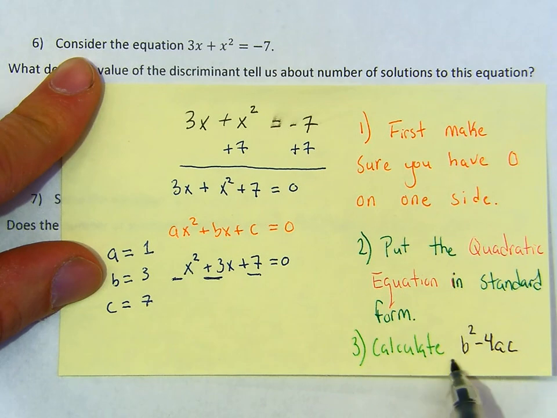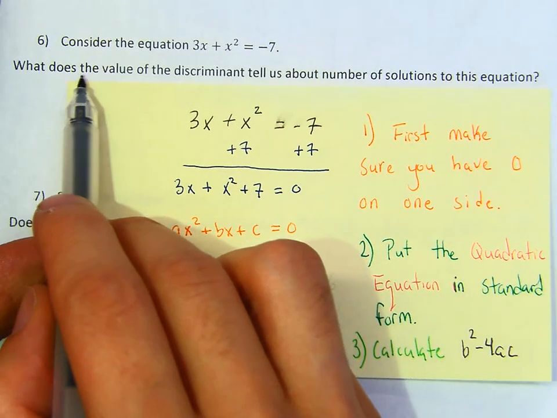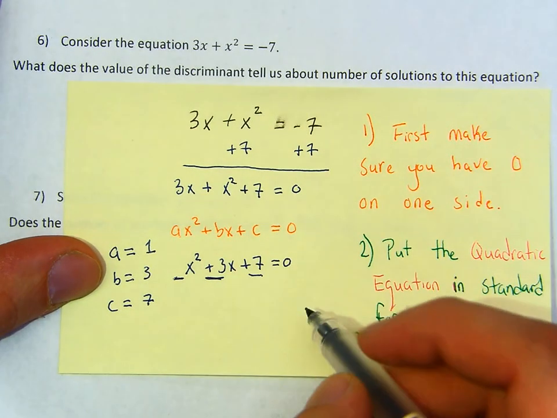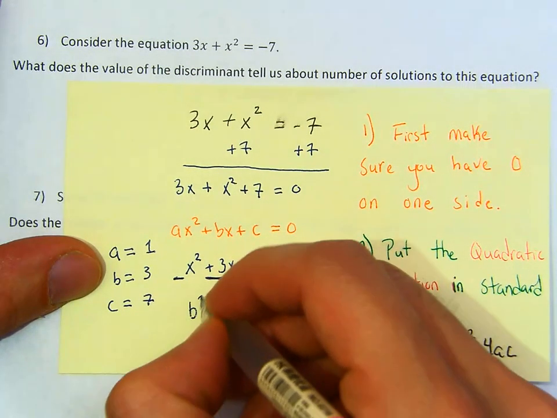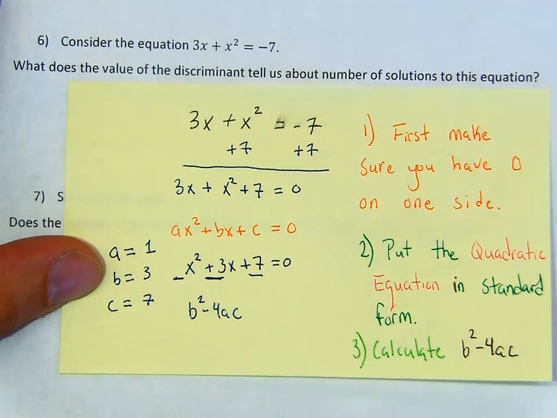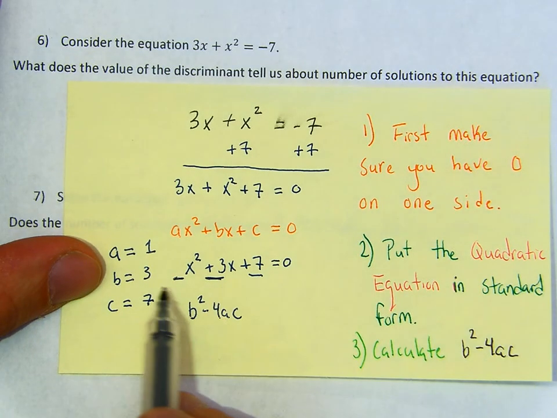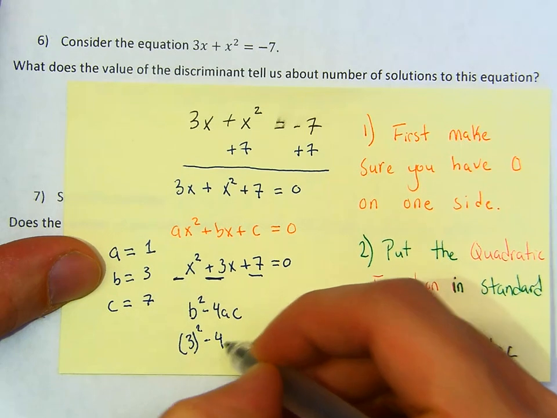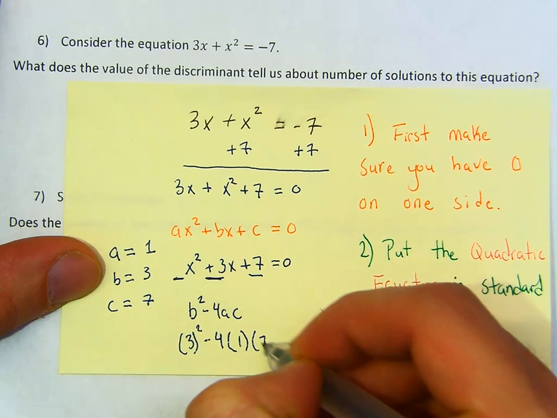Now it says calculate the discriminant. Let's read the problem again. It says, what does the value of this discriminant tell us about the number of solutions to this equation? So if we have b squared minus 4ac, what is your b squared? It would be 3 squared minus 4 times 1 times 7.